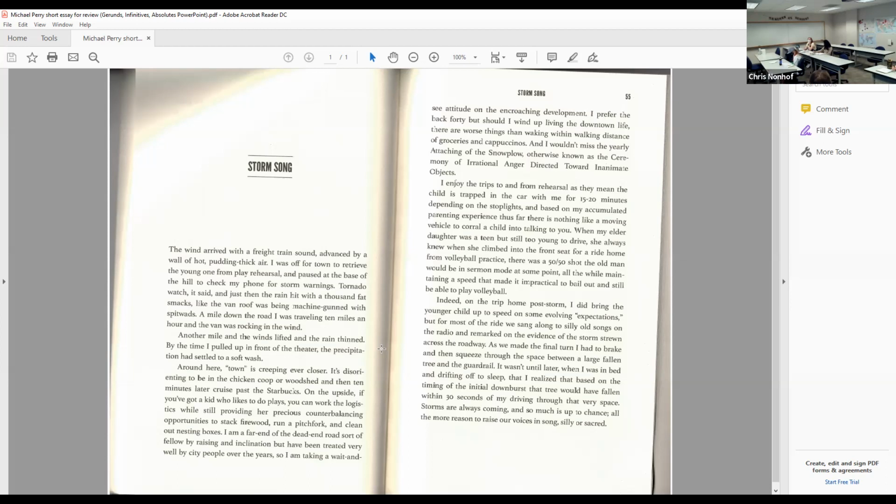So what is it about those sentences? How does he put those sentences together? Do you see anything about, are these just compound sentences? Are they compound complex sentences?